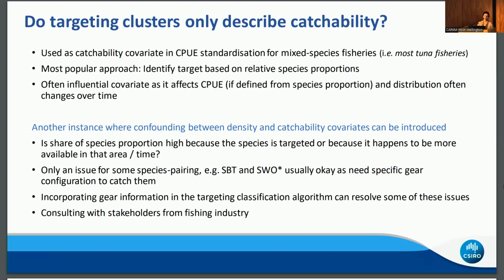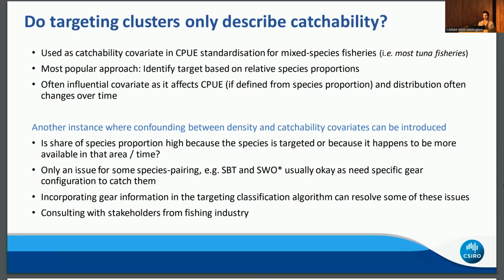And they often end up being influential covariates because they're changing through time, and they affect CPUE because by definition, they're often defined from species proportions. So they do have an effect on CPUE. But when you only use species proportions to inform your targeting clusters using an unsupervised classification algorithm, it's unclear whether you have a species proportion that is higher because the species is targeted or because it happens to be more available at that area and or time.